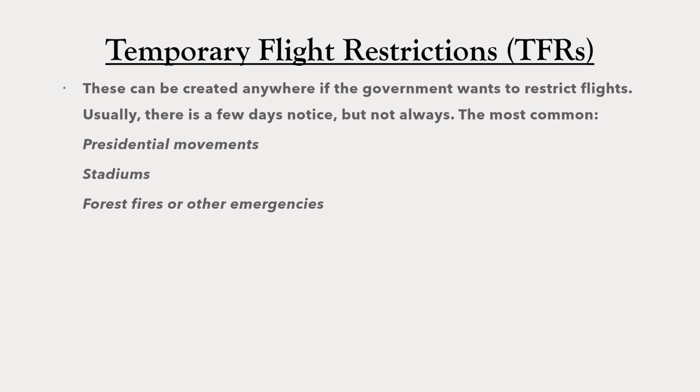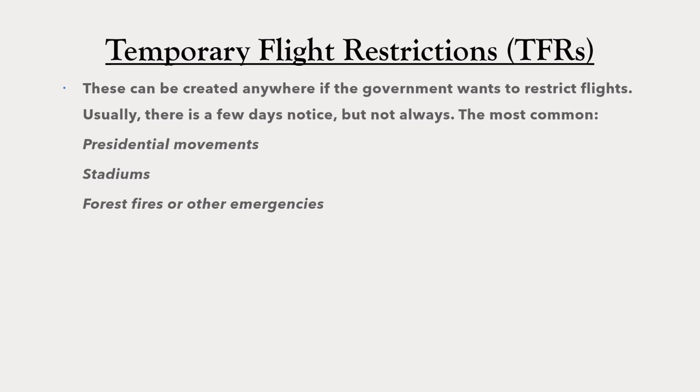Big stadiums, and our college stadiums count as big enough at Michigan State and Michigan. When there is a game in a big stadium, there's a flight restriction for some radius around it that you're not allowed to fly in unless you have some permission.